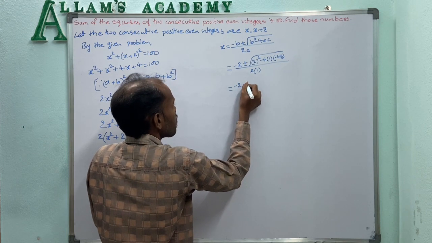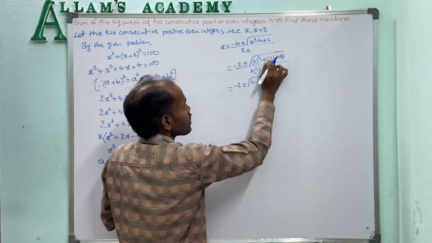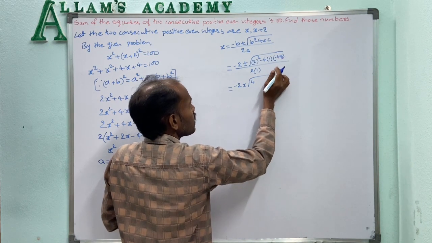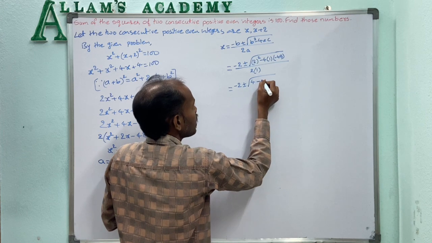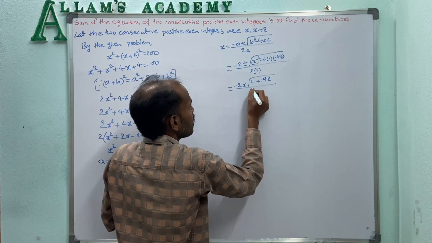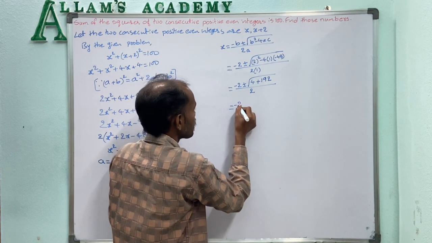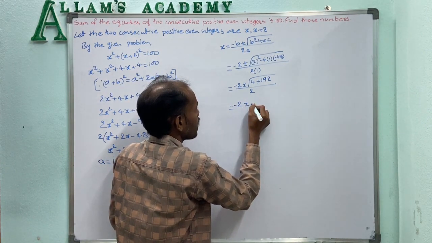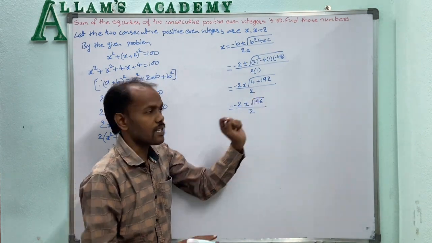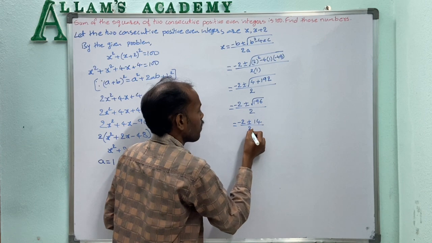So minus 2 plus or minus under root 2 square is 4, and 4 into 48 is 192. Minus into minus is plus. So under root 4 plus 192 is 196. So minus 2 plus or minus under root 196 by 2. Under root 196 is 14. So minus 2 plus or minus 14 by 2.